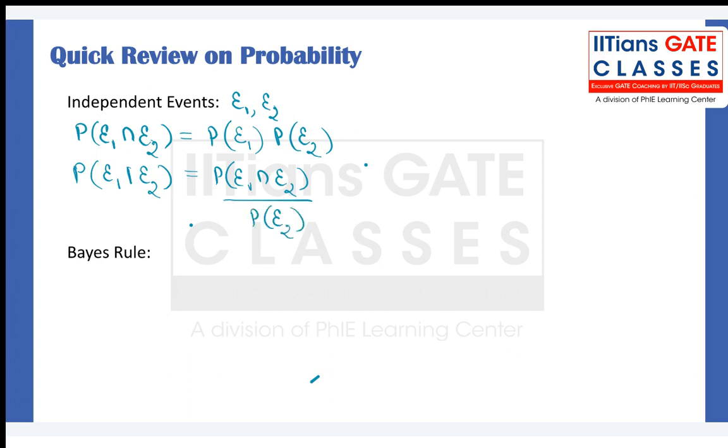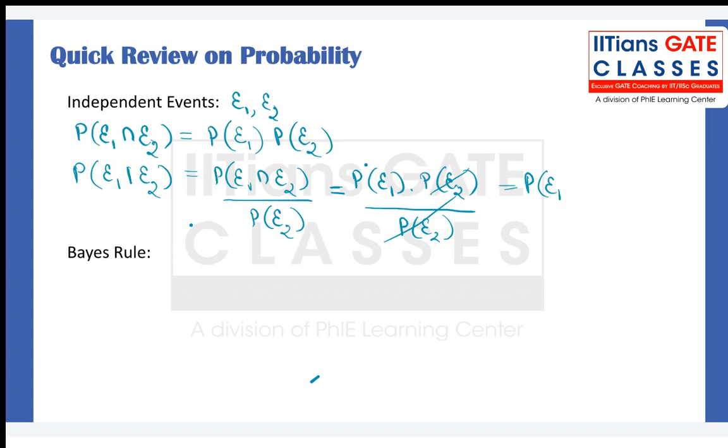Given that E2 has occurred, what is the probability that E1 will occur? Since you are saying that the occurrence of E2 does not affect the occurrence of E1, then it should be equal to the probability of E1. So if you substitute the value, you get the probability of E1 multiplied by the probability of E2 divided by the probability of E2, which is equal to the probability of E1.